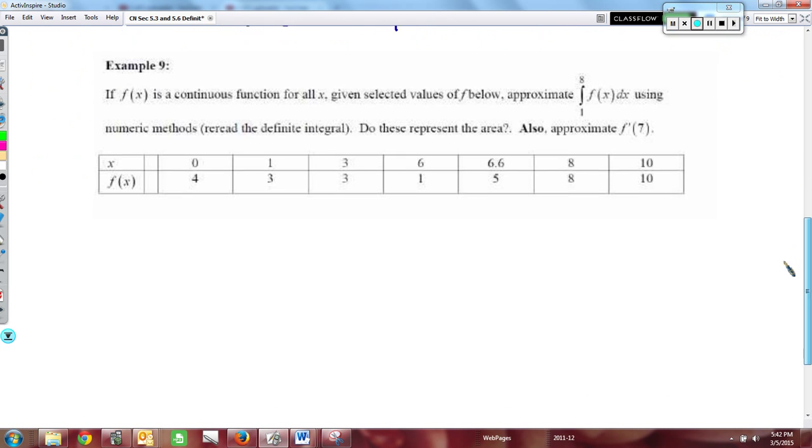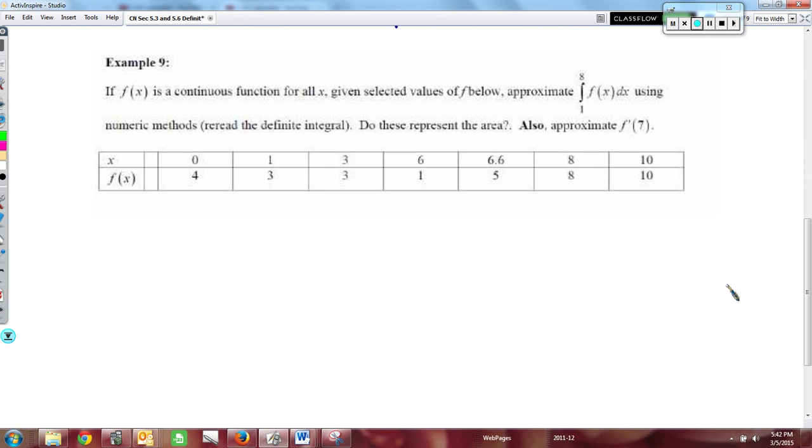All right, now for example 9, the reason why we put this one in is because I've been saying all along that you do not have to have your delta x be equal with subintervals, which is what we've been doing up until this point.